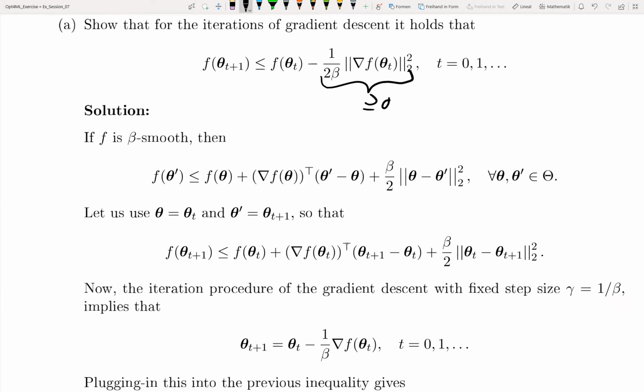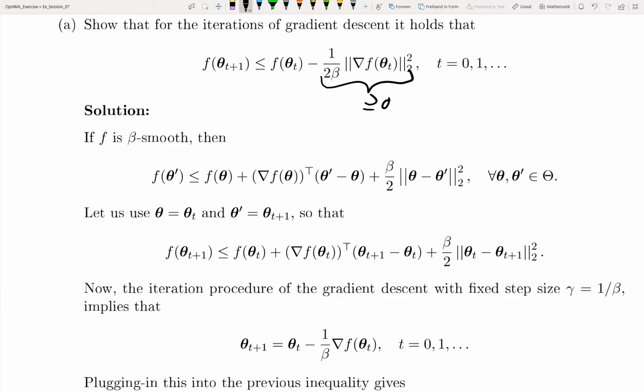What is again the definition, or one implication, of beta smoothness? Because we have no convexity assumed, we only have beta smoothness. But if it's beta smooth, then our usual way of specifying beta smoothness is that the function f is always bounded from above by this quadratic function, which resembles more or less the second Taylor approximation.